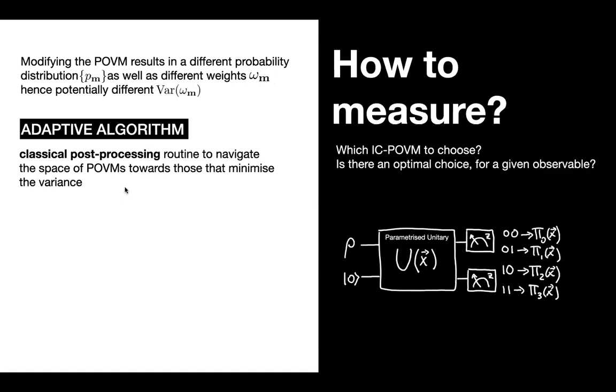And the adaptive algorithm that I'm going to introduce here is also a completely classical post-processing routine. So there is no quantumness here. The quantumness is only in the measurements. What this adaptive algorithm does is allow us to navigate the space of POVMs, trying to go towards the new POVM that minimizes the variance, okay?